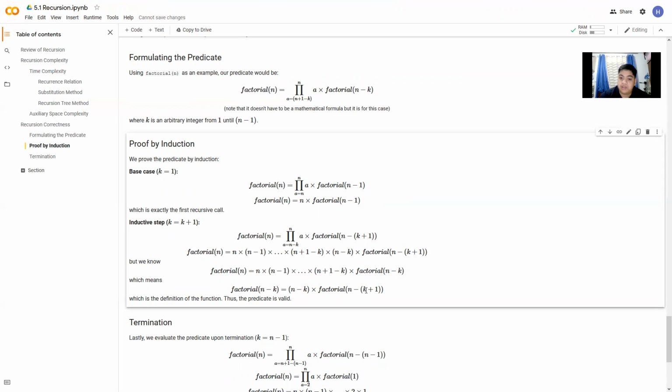So this becomes n minus k minus 1. Therefore, our predicate is indeed true by induction.